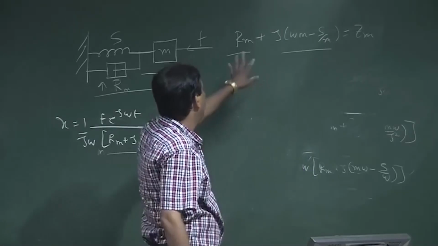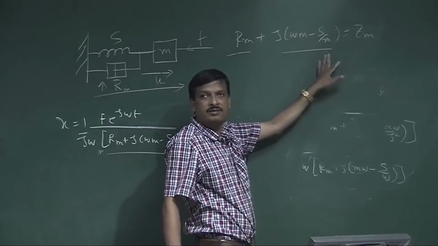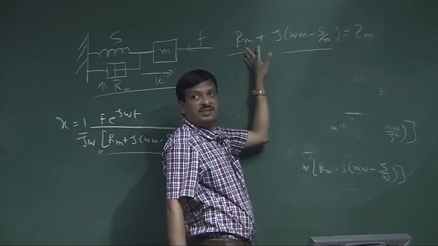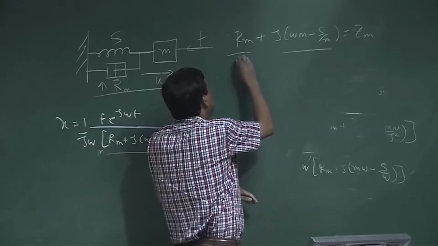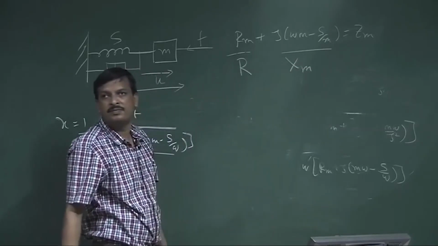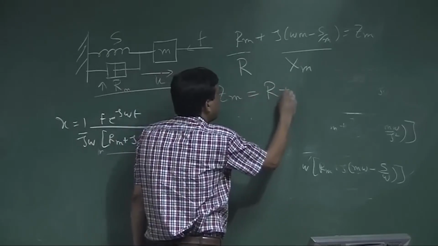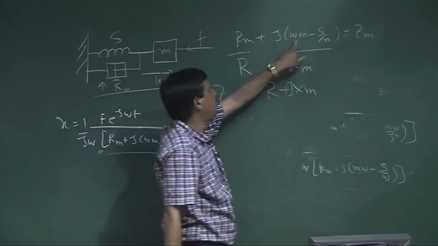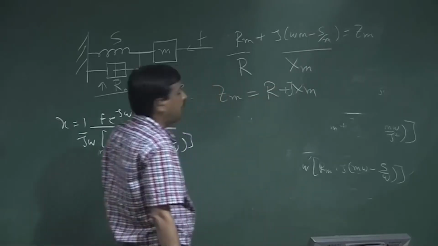So, total impedance is resistance plus reactance. Resistance is the real part, and reactance is the imaginary part. So, I can say this is R and this is Xm. I can write Zm is nothing but R plus j Xm, where Xm is nothing but m omega minus s by omega. Okay? Now, this is the Zm.